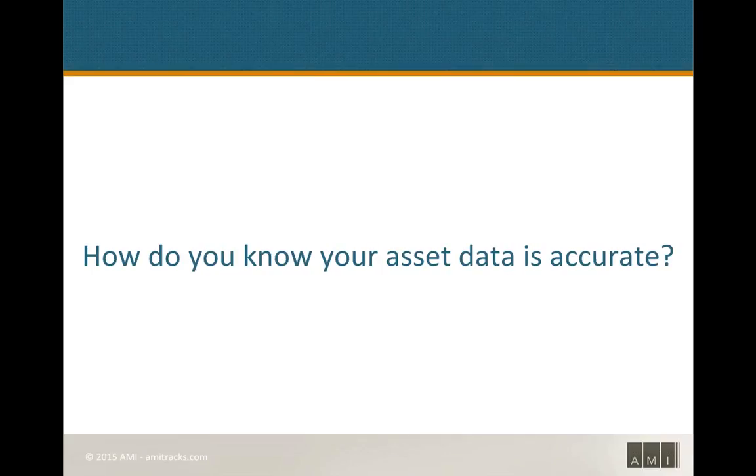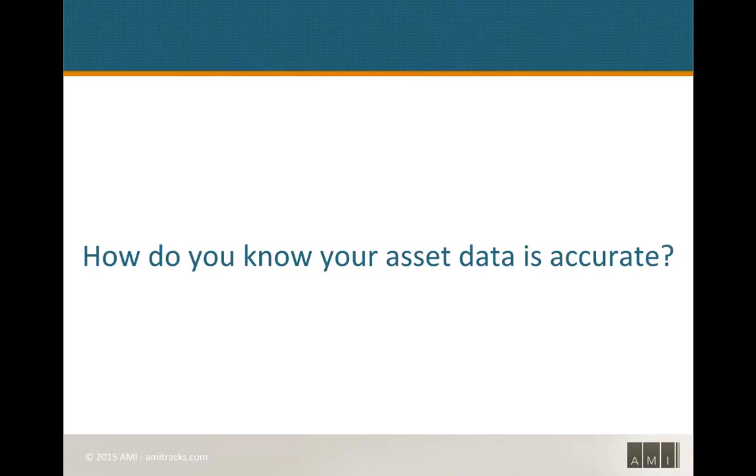So how do you know that your asset data is accurate? You have to do regular audits of that data. The bottom line is that people, processes, and technology are imperfect. Things move around, and even with the most advanced RFID-based asset tracking systems, things still slip through the cracks. And without a regular audit process, your asset data will degrade over time.